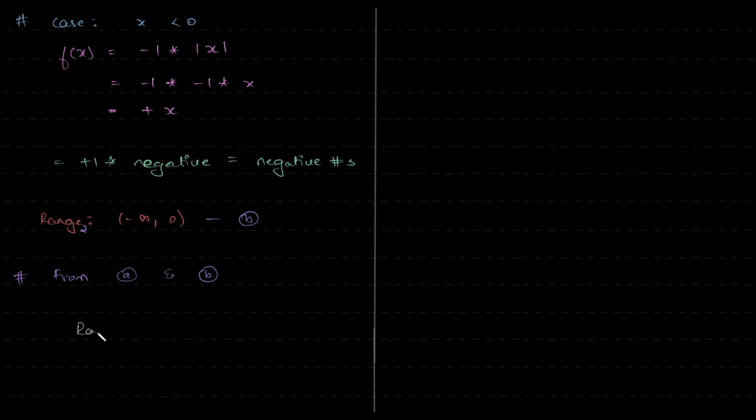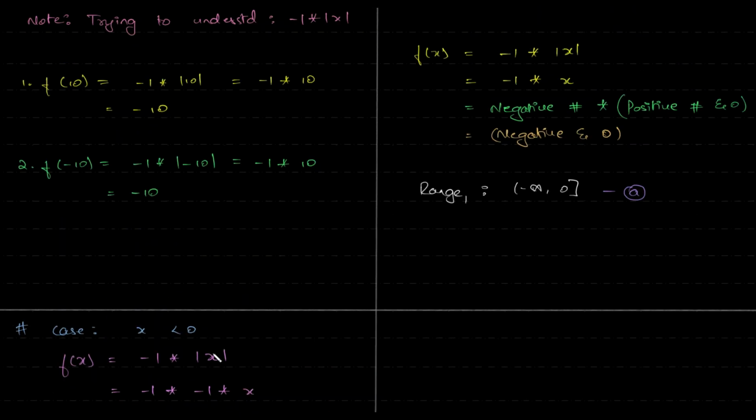The range is minus infinity to 0 including 0, union minus infinity to 0 excluding 0. So the union between them is minus infinity to 0.